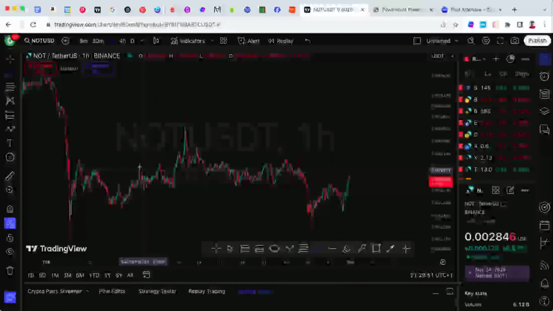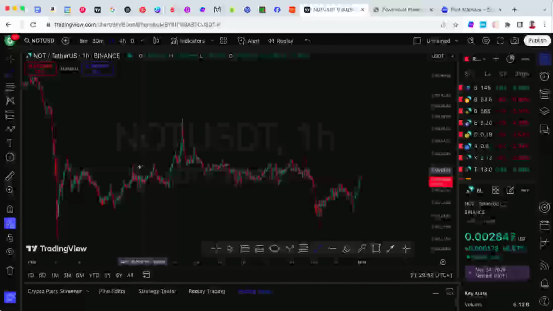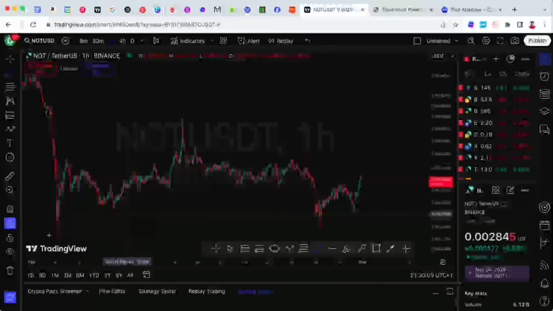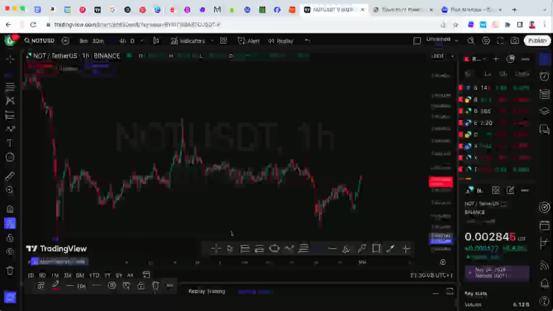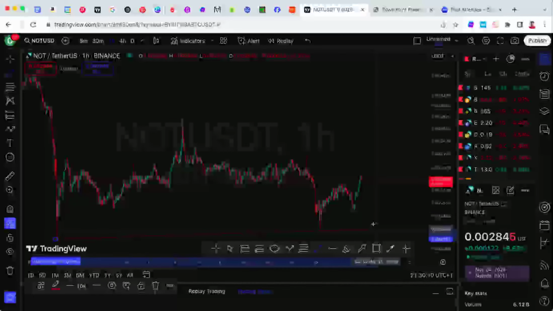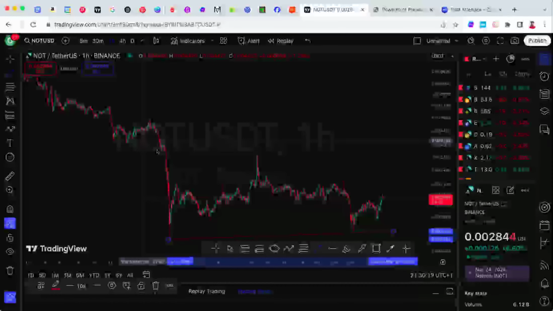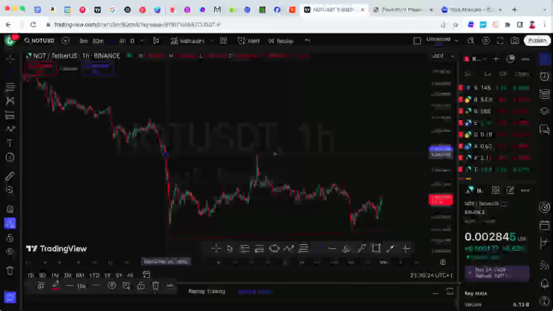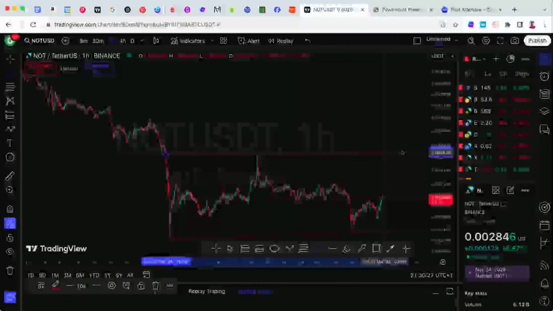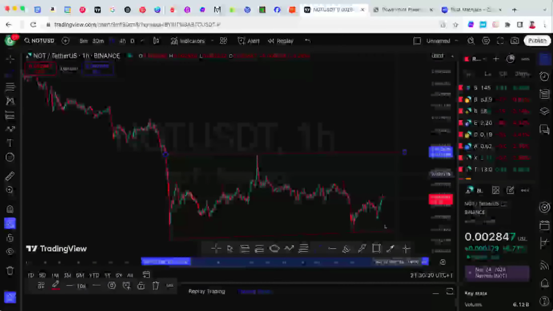If we were to look for a buying opportunity right here now, in the hourly time frame, the 1 hour time frame to be specific, we want to draw our trend line from here. The channel we can create from here is here, and then draw another one up above here. We can see the market is trading around this channel. If we look for a buy opportunity, we want to trade within this range here.